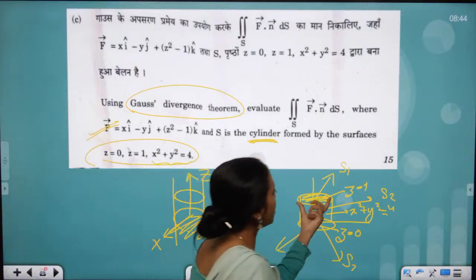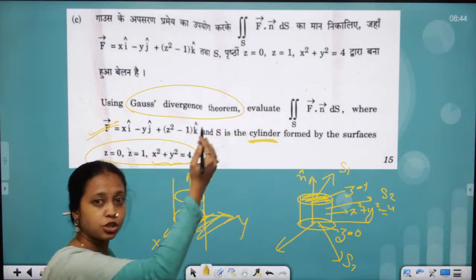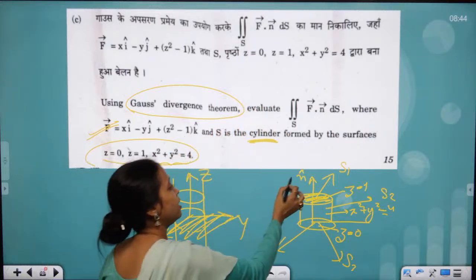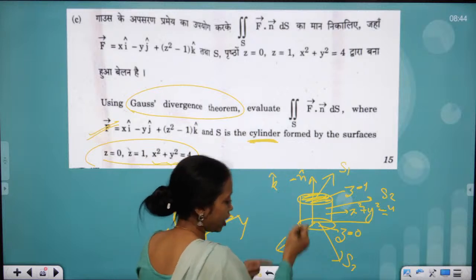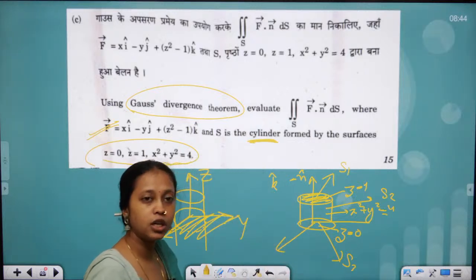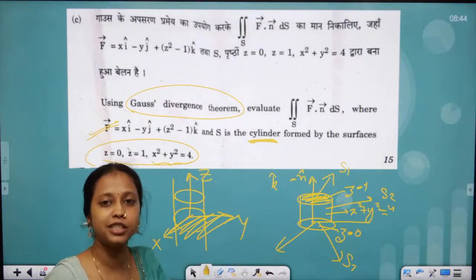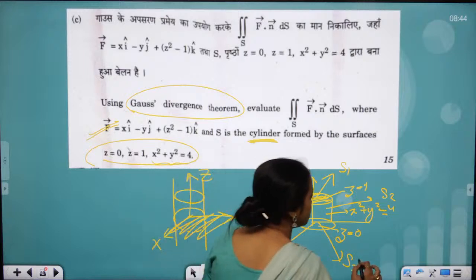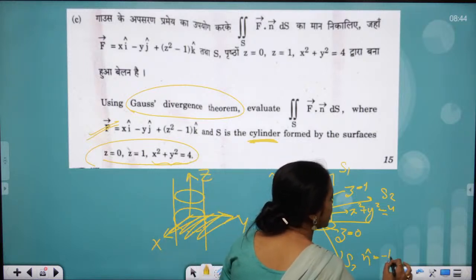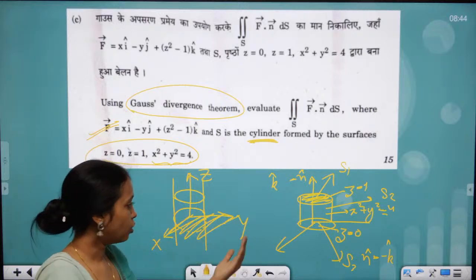For S1, n cap is in the positive direction of the z axis, so n cap is actually k cap. For S3 it is downward, perpendicular, in the direction of the negative z axis. So over here n cap is minus k cap.